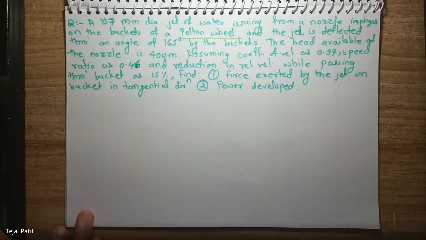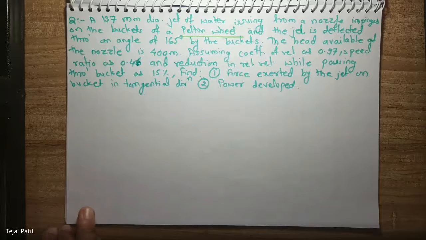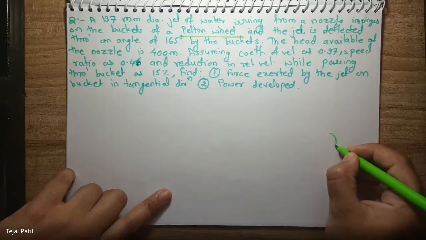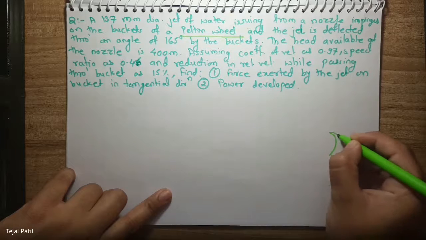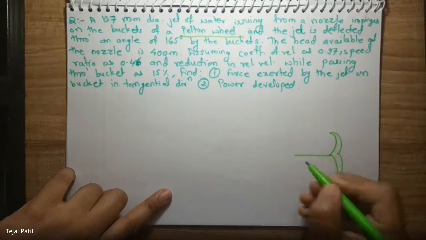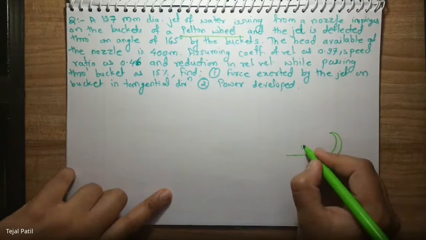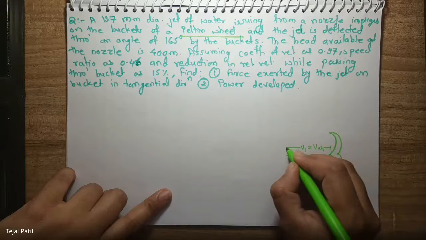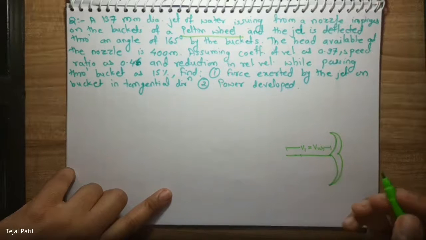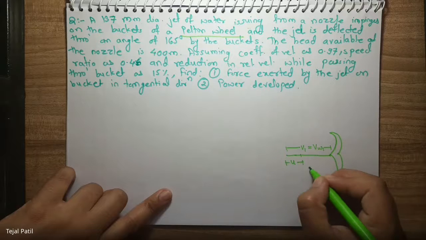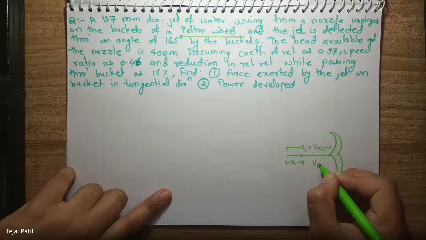Now as it is a Pelton wheel, you must draw the velocity diagram for the Pelton wheel. I request all of you to draw it. That slight practice will be done. And make a habit of drawing it.